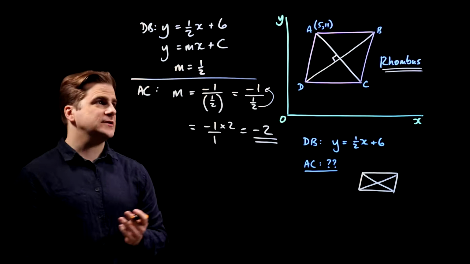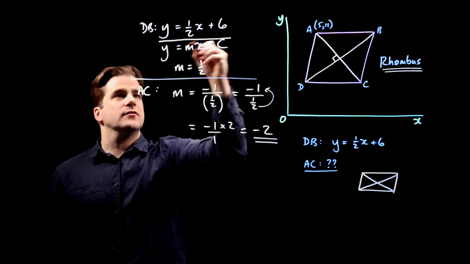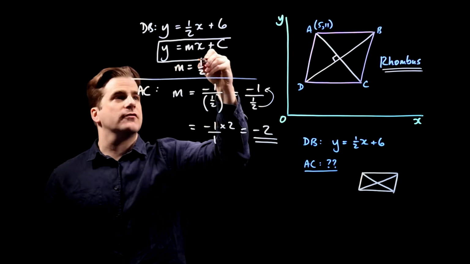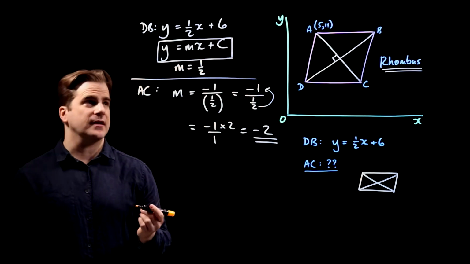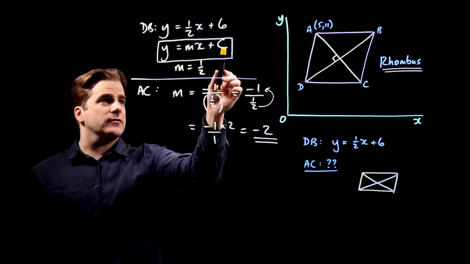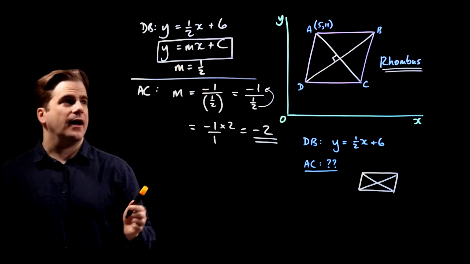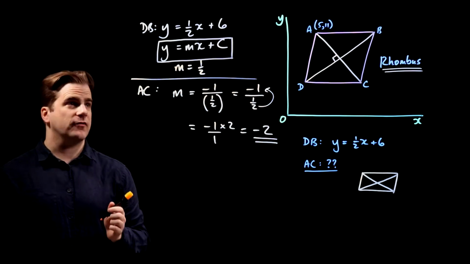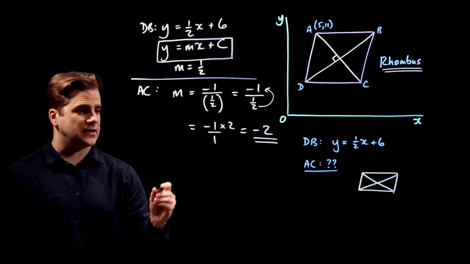How do we get the equation? Well, one form of the equation for a straight line is y equals mx plus c, which involves the y-intercept c, where the line crosses the y-axis. However, there's a different form of the equation for a straight line, which is more useful in this situation.